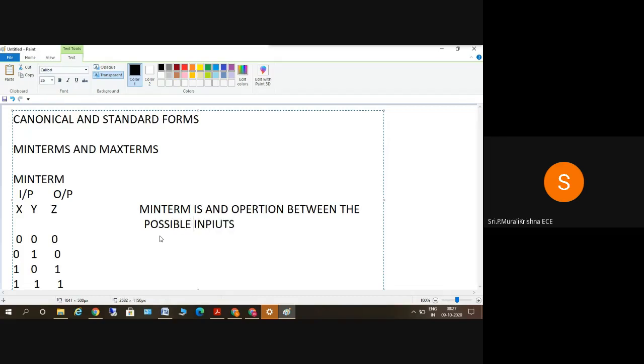What are the four possible combinations for x, y? They are 0 0, 0 1, 1 0 and 1 1. So it is the AND operation between the possible input combinations. We have two inputs x y, the possible combinations are 0 0, 0 1, 1 0 and 1 1, and we have to perform the AND operation between these.